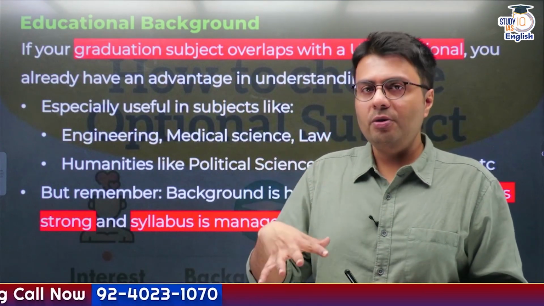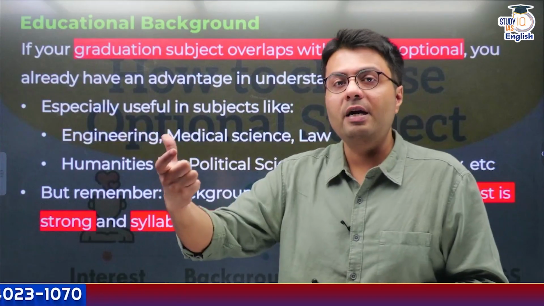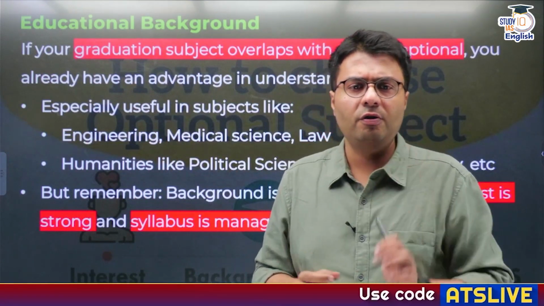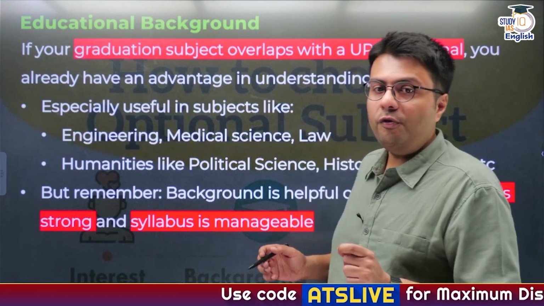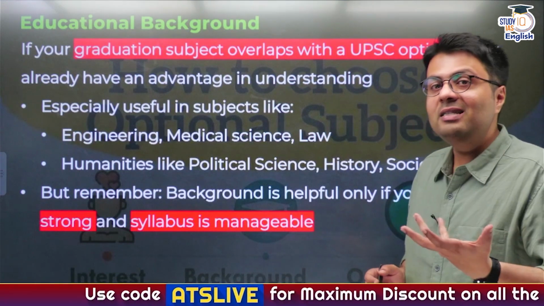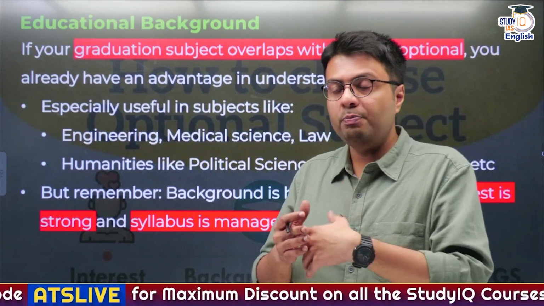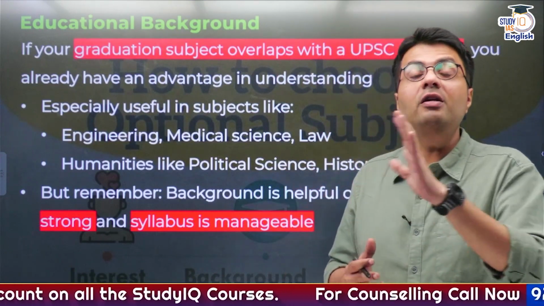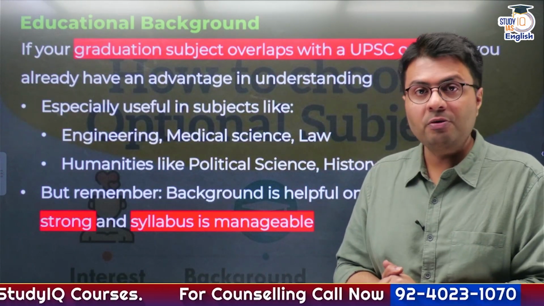Now, considering your educational background, picking an optional subject which is the same as your educational background can give advantages to many sections of the aspirants. First of all, you'll have a good understanding and command over the subject because you have spent the last 3 to 4 years undertaking different subjects in that particular educational background, right?